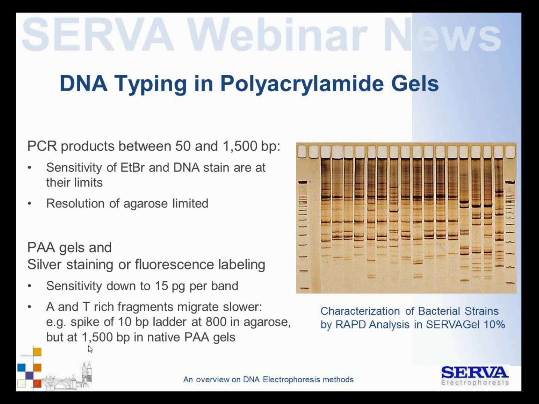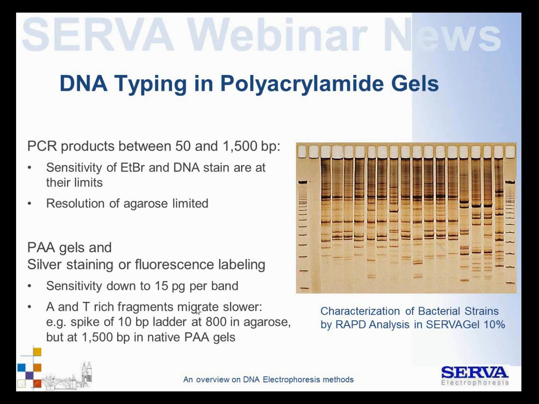But note one thing. In polyacrylamide gels, if you run them under denaturing conditions, high temperature in the presence of urea, the migration is absolutely according to the sizes. But when you run them under native conditions, A and T rich fragments migrate slower than C and G rich fragments, so you don't get direct separation according to the size.